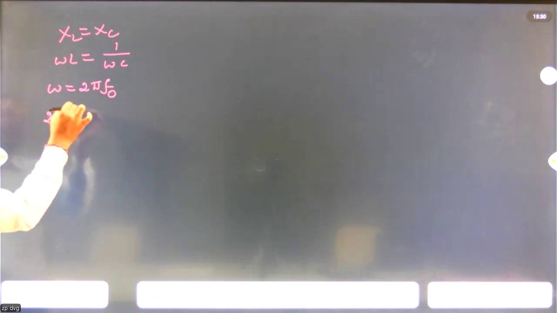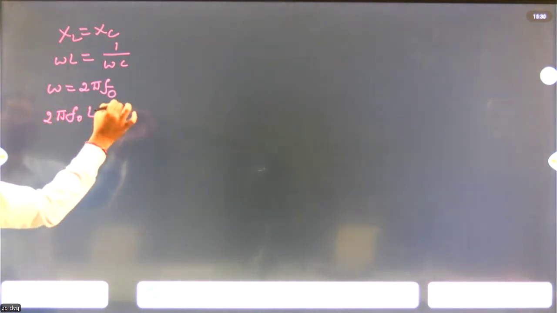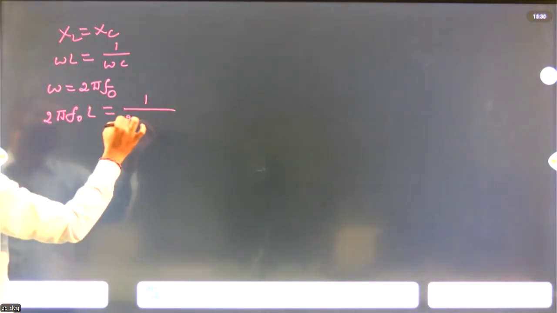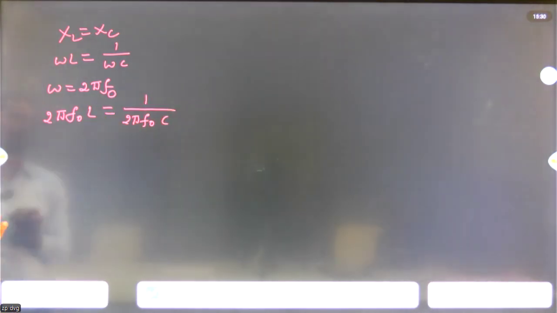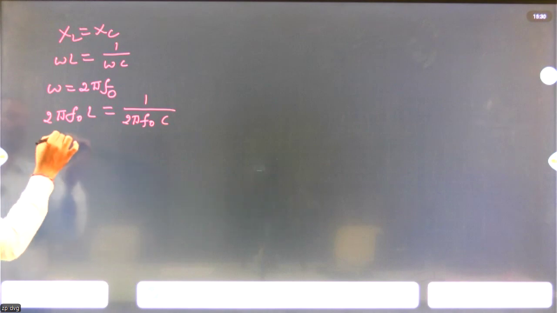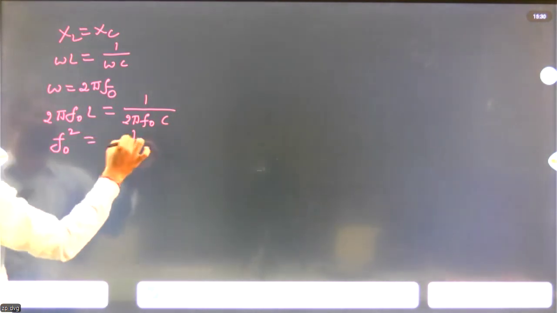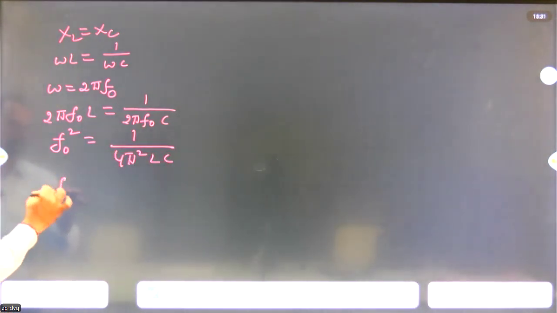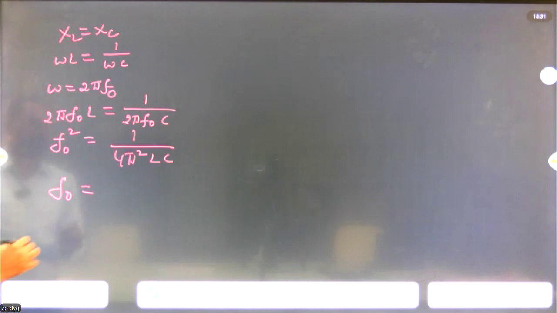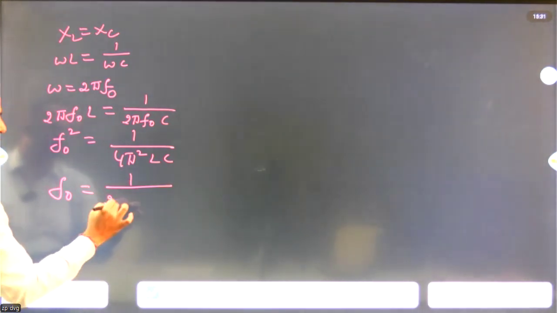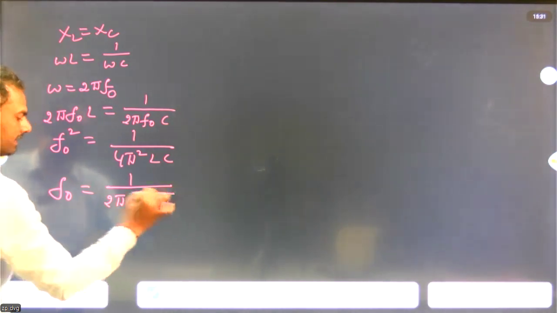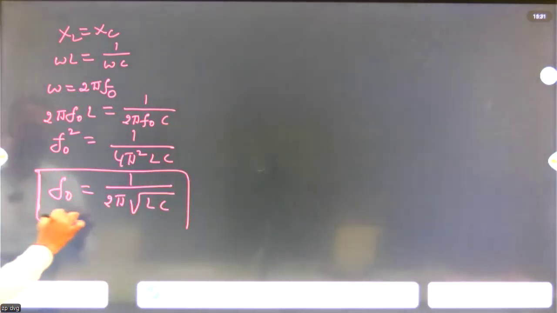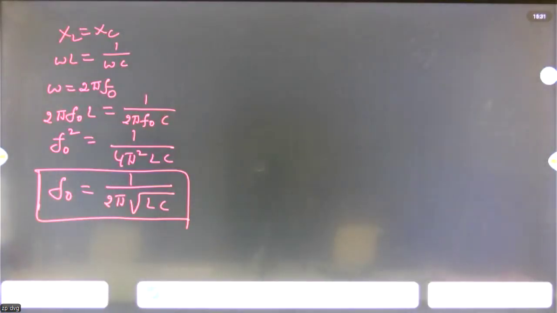Now 2 pi F naught into L is equal to 1 divided by 2 pi F naught into C. F naught square is equal to 1 divided by 4 pi square L into C, or F naught is equal to 1 by 2 pi into root of LC.